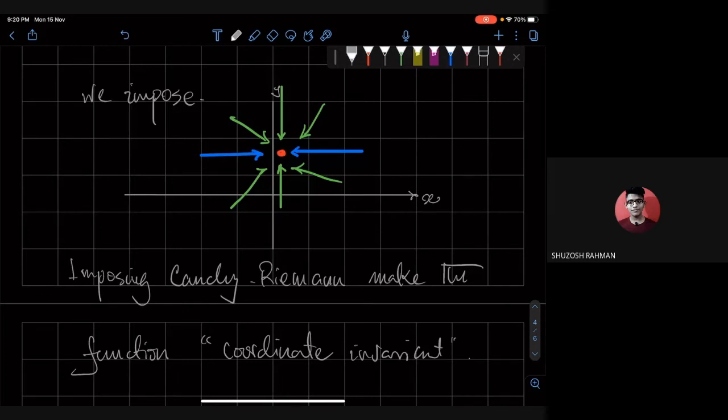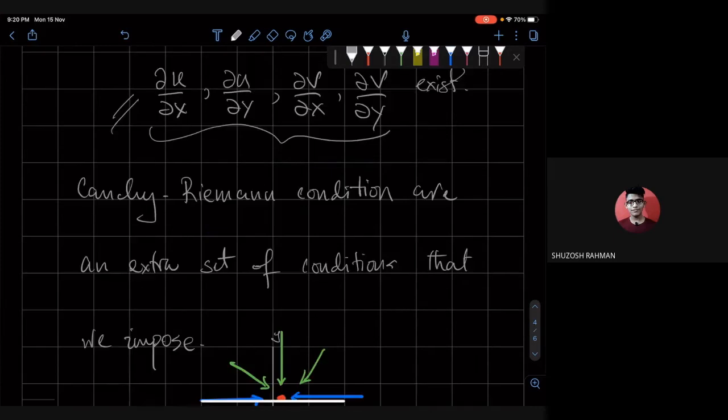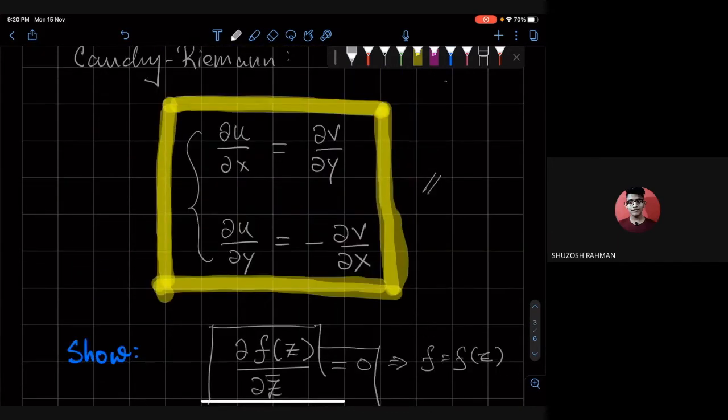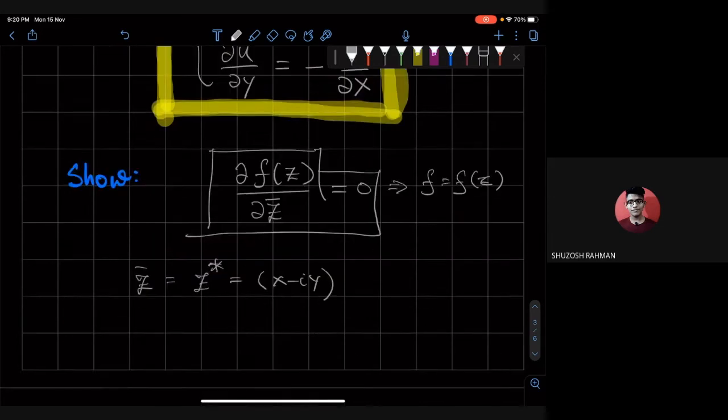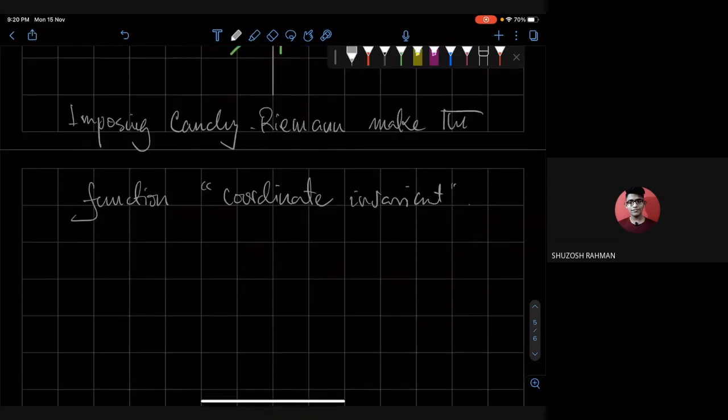So unless you impose a Cauchy-Riemann condition, the real part of your function and the imaginary part of your function don't really unify to form something whole. They remain sort of separate. The Cauchy-Riemann conditions connect the real and imaginary parts and how their continuity properties are related, and therefore it gives rise to holomorphic functions. So that's comment number one.